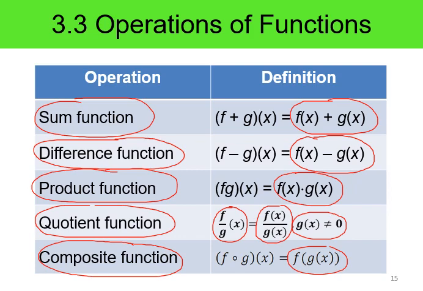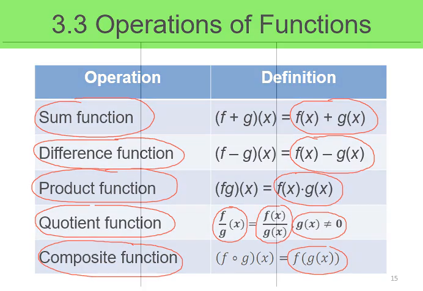We do a question here. It will show how to solve it. Okay, tutorial 5.4. Let f(x), one of the functions, equal 1 over x minus 3, and we are given g(x) equals x squared plus 5.